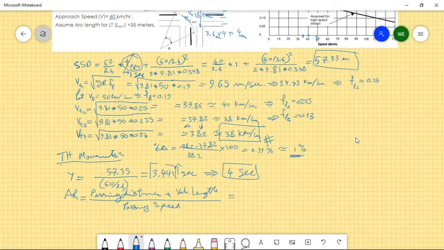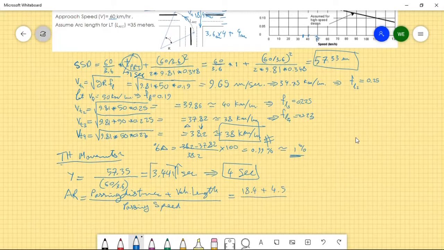That's the rule. So basically, the passing distance is 18.4 and the vehicle length 4.5 meters, divided by the passing speed for the through movement.